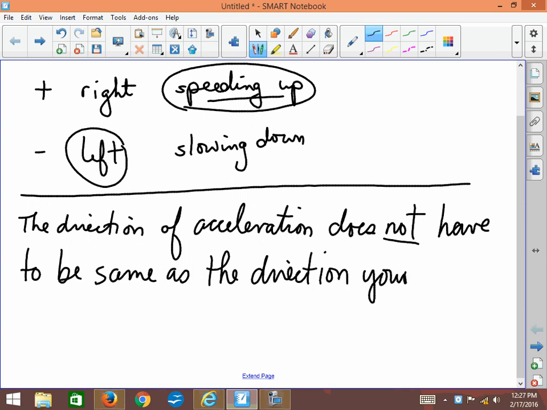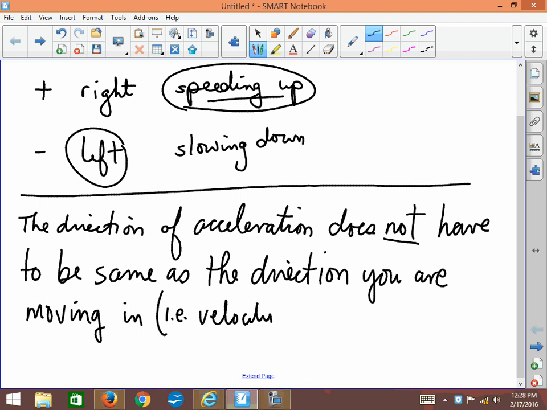But I'll put the direction you are moving in. Or not necessarily you, but any object, right? In other words, it doesn't have to be the same as the velocity direction. It's possible to be moving to the left and accelerating to the right. And this is what we're going to illustrate.